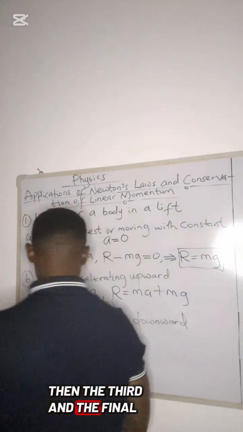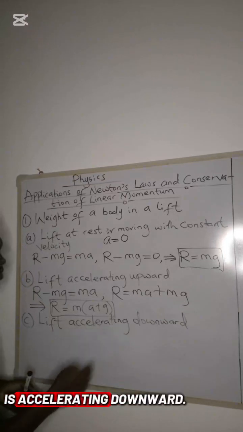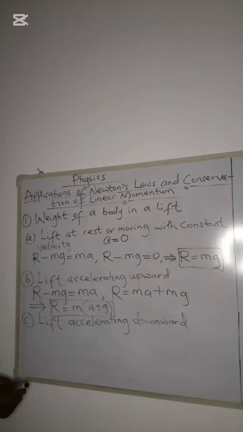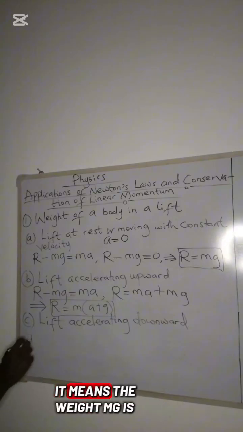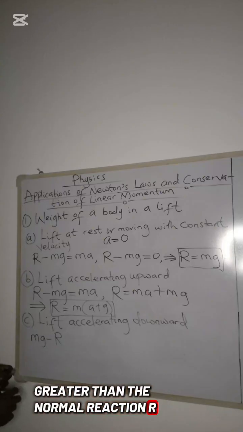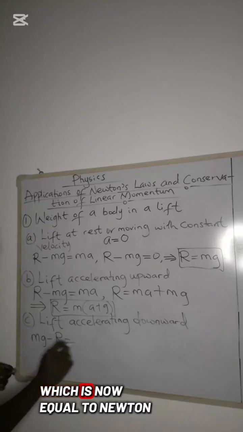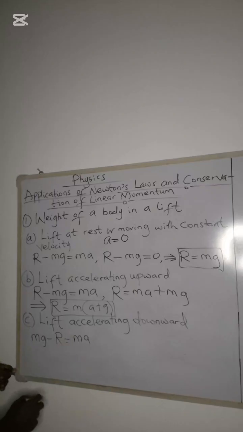Then the third case is for a lift that is accelerating downward. Now, if a lift is accelerating downward, it means the weight mg is greater than the normal reaction R, and the difference is equal to Newton's second law, ma.